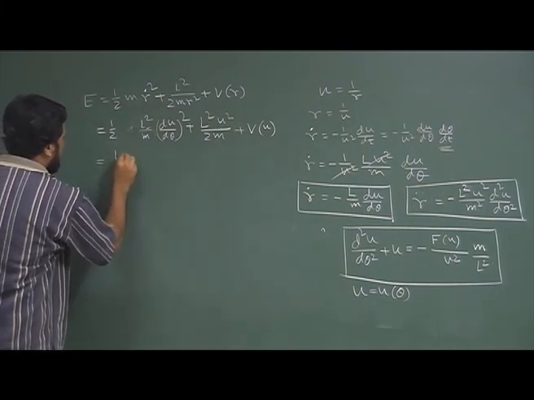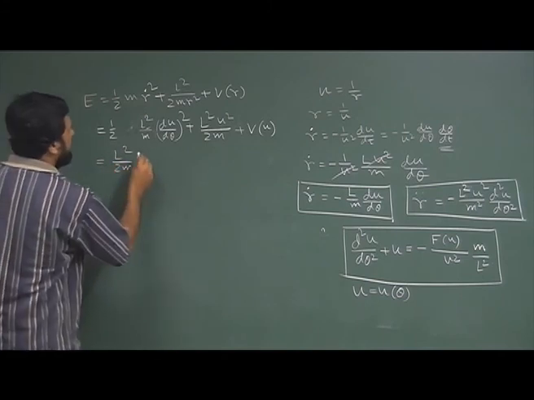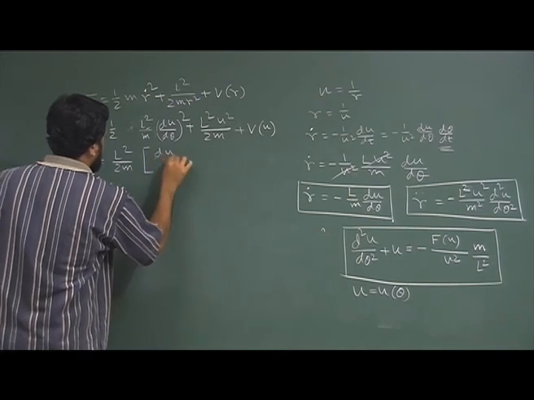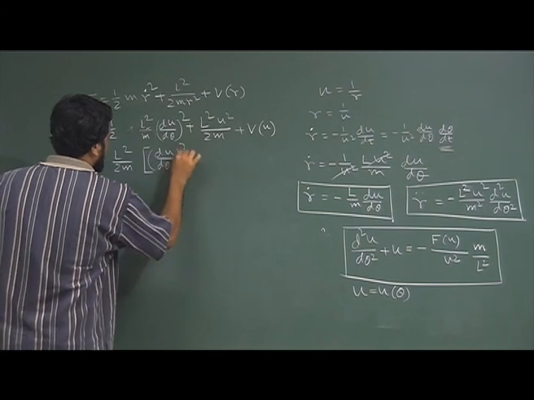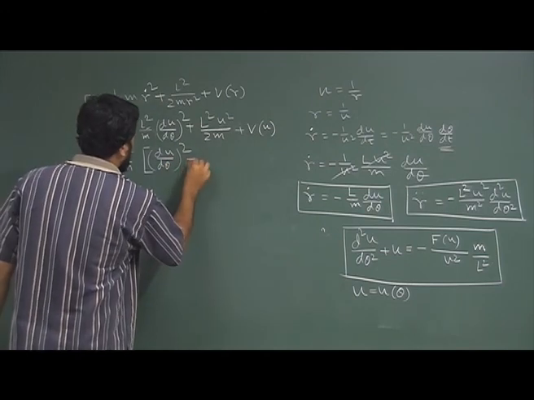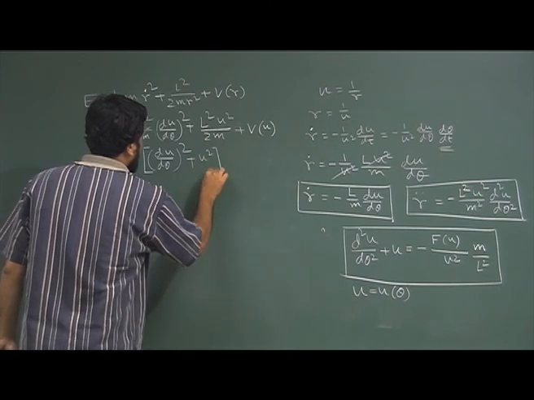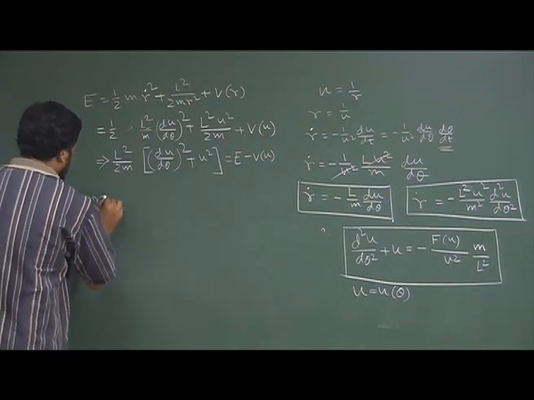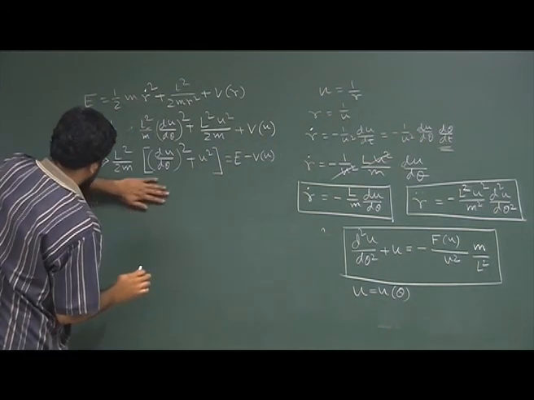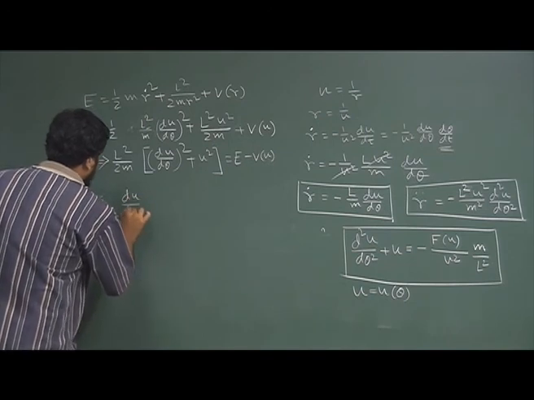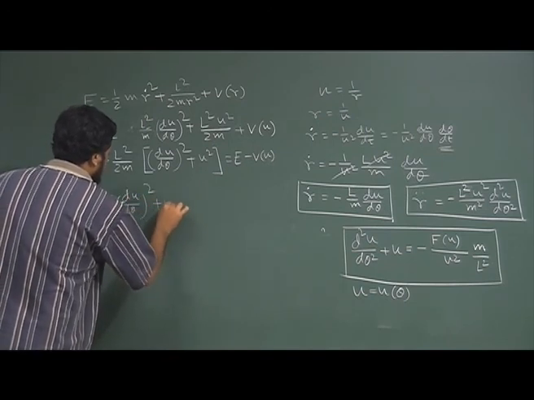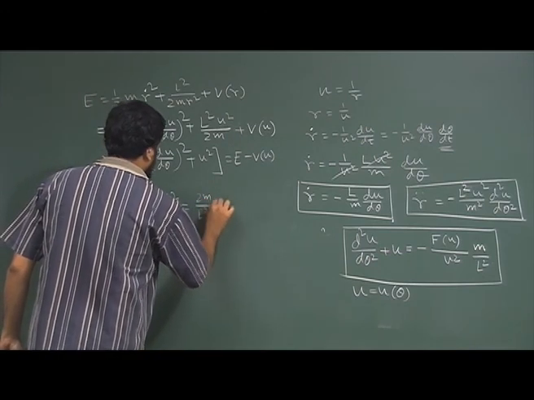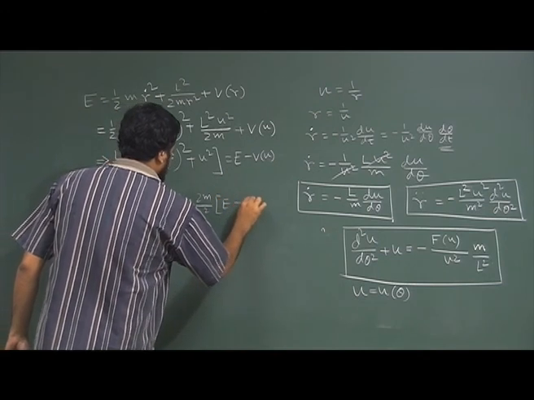So, du d theta whole square plus u square equal to 2 m by L square times E minus V of u.